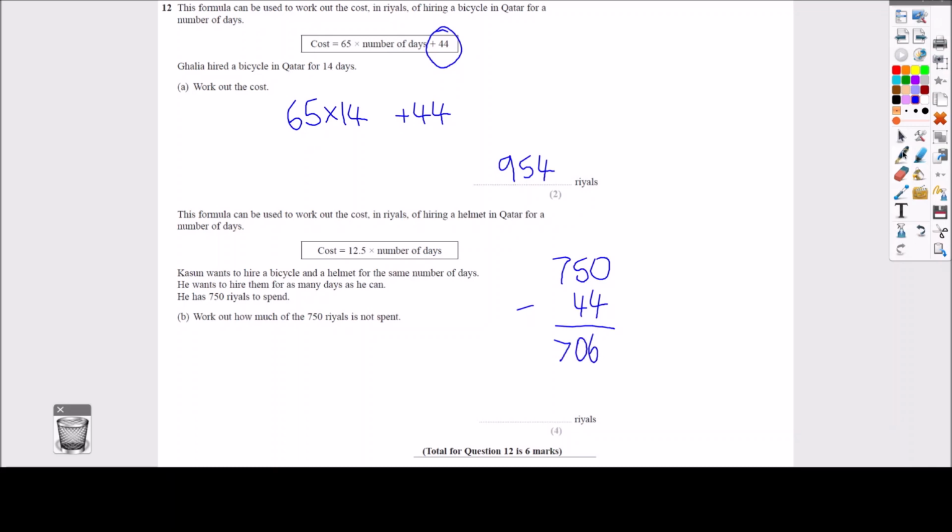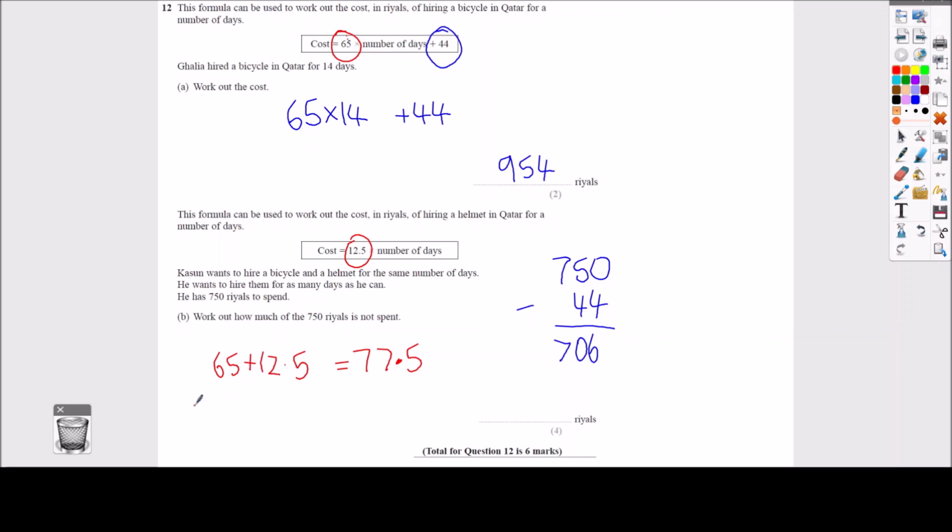Now, how much extra cost do we have per day? Well, we've got 65 each day for the bike, and it's 12.5 each day for the helmet. So if we do 65 add 12.5, we can see that it's going to cost us 77.5 a day. So how many days can we hire the bike for?